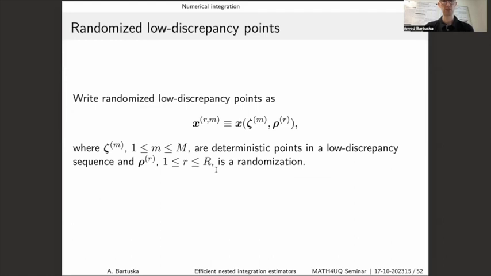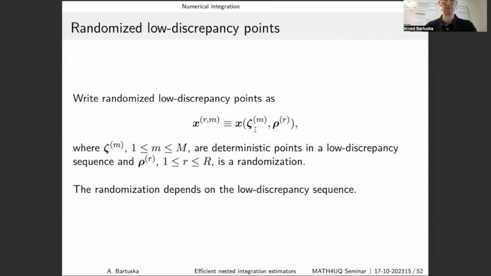Okay, so now what do these points look like? The randomized quasi-Monte Carlo points depend on a deterministic component, the low discrepancy point, now called zeta, and a randomization. And the randomization also depends on which points you choose. There are different low discrepancy sequences that you can choose from.